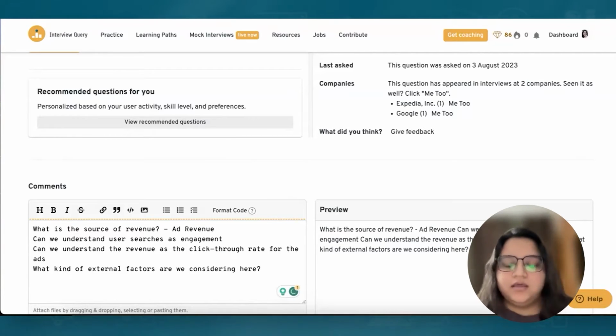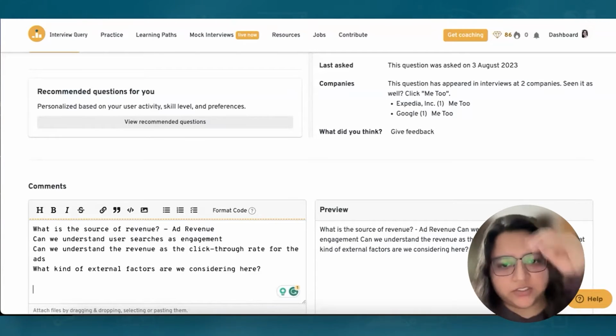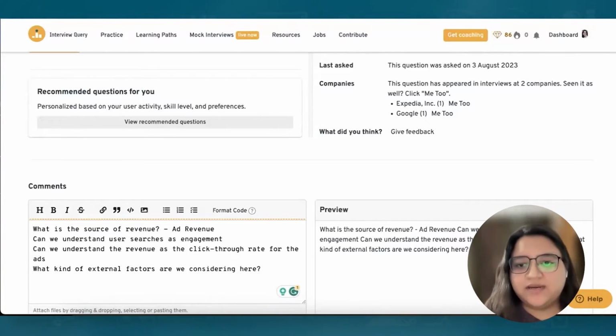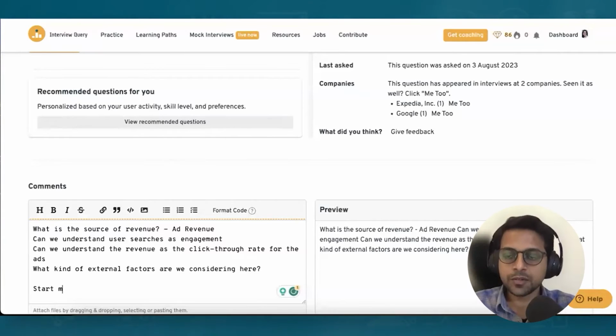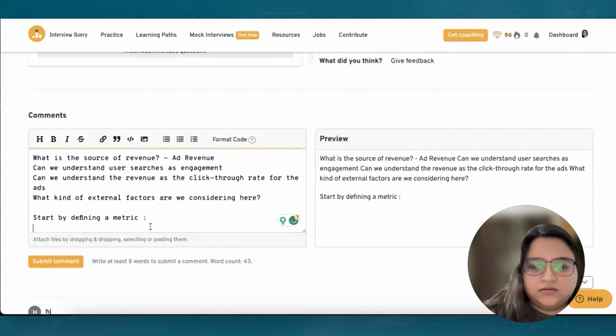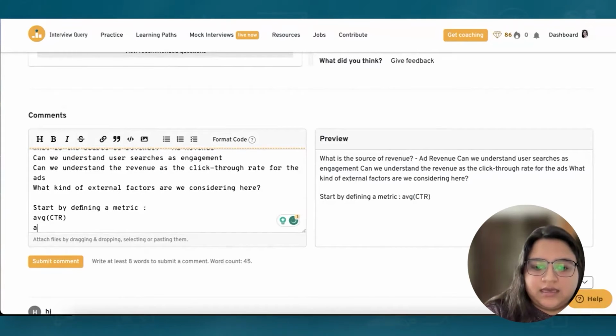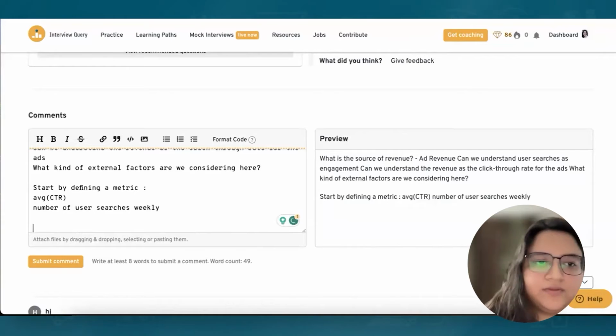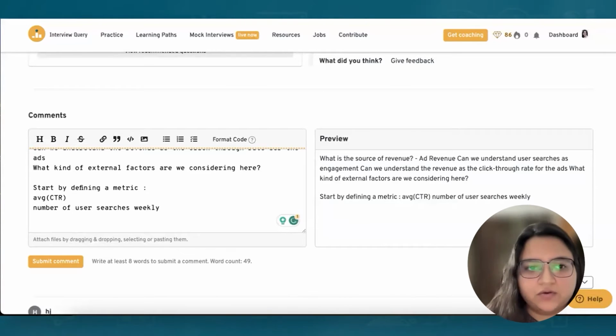Got it. All right. To start with resolving this problem, I would start by defining a metric. Sure. So I would define two metrics, which are the average click-through rate and the number of user searches. Okay. And let's say we are doing this weekly. Okay. Now that we have two metrics, we could see how they fare.